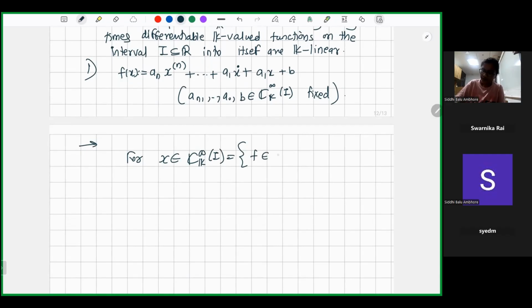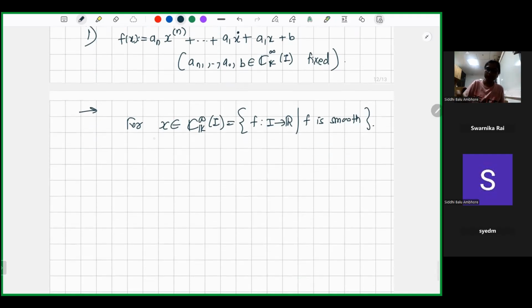All those functions from I to K, let us take I to R, such that f is smooth. Okay, this is what it means. So when I'm taking this x in C infinity of I, this x is actually a function from I to R or K, does not matter. It's some function.